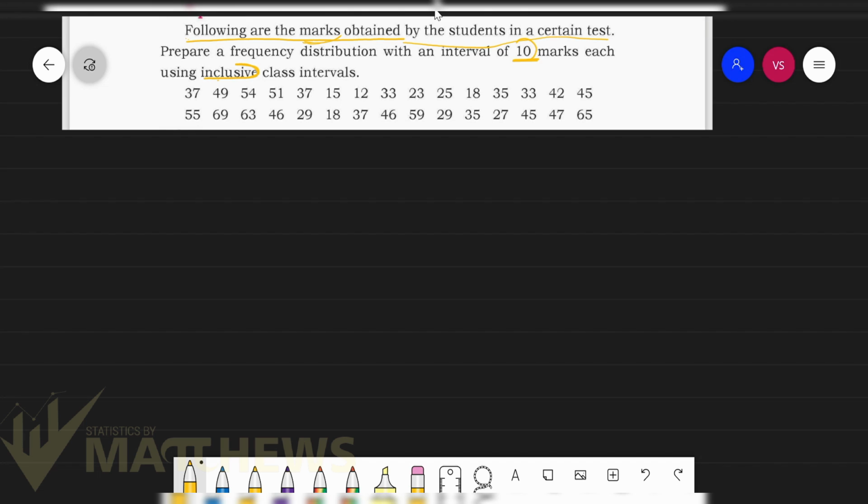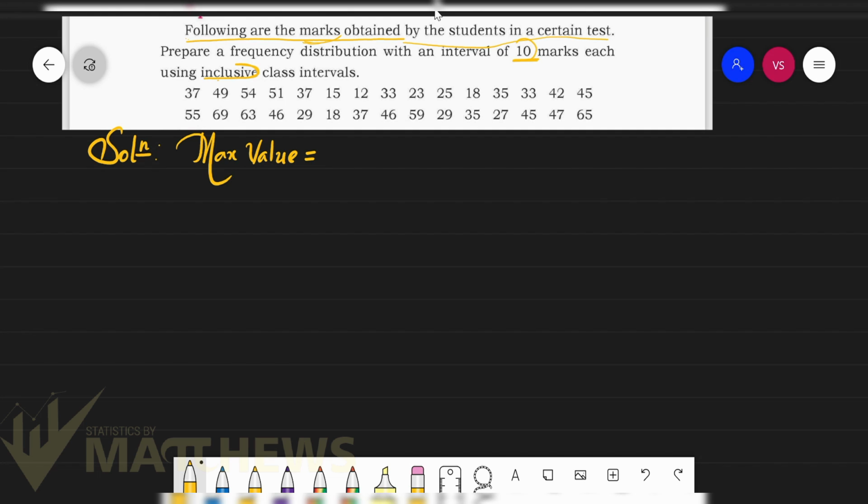Okay, so let's start this, students. As usual, we need to find out what is the maximum value in the whole of data. The maximum value in the first row, if you see here, is 54. Here it comes, it is 69.